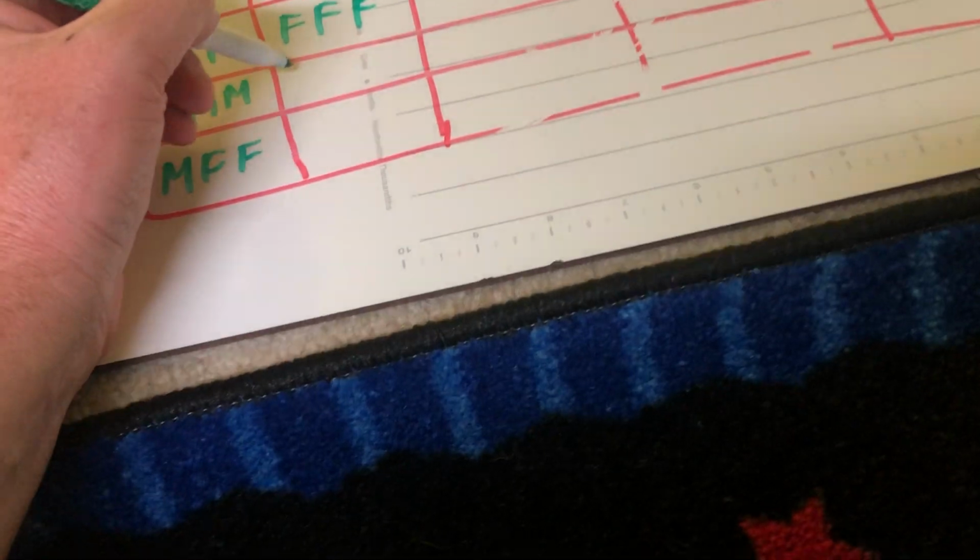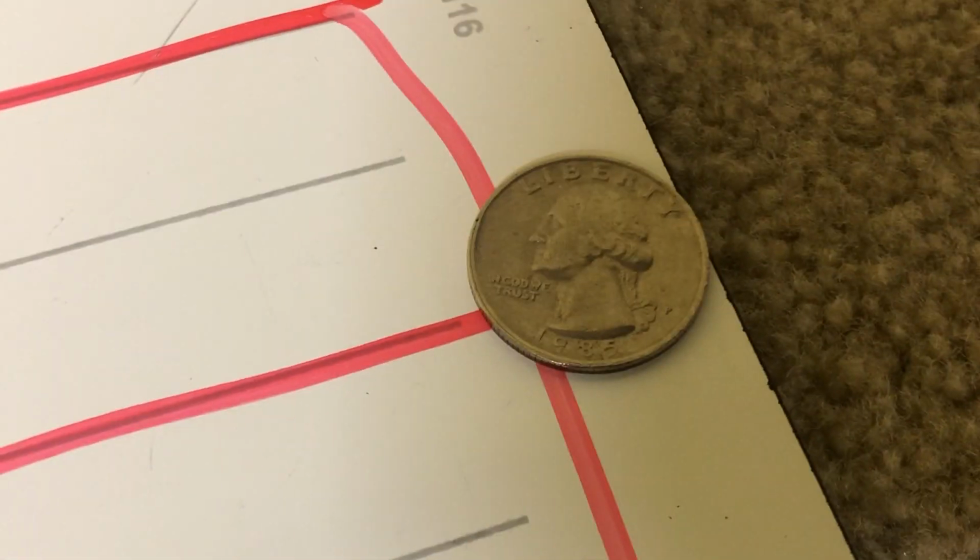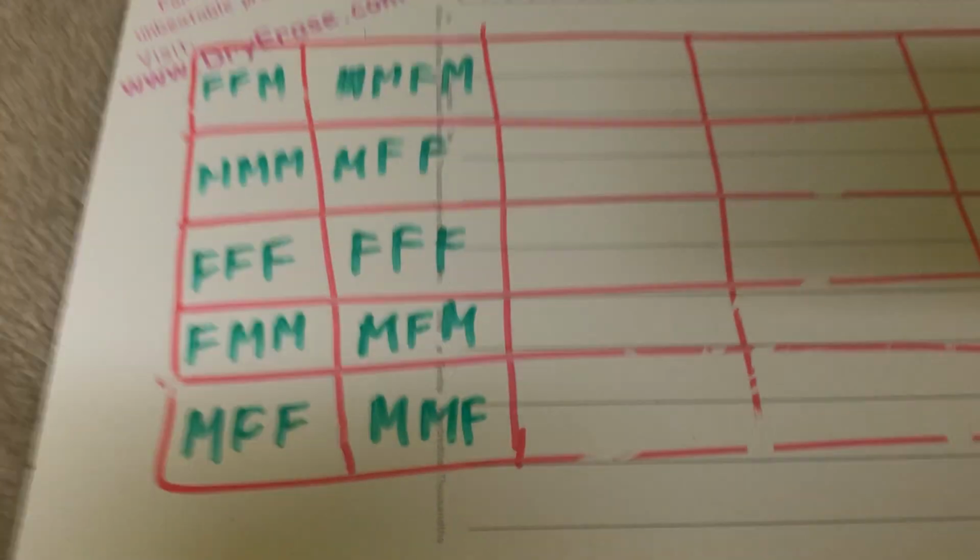Heads, that's a male. Tails, that's a female. Heads, that's a male. Heads, that's a male. Heads, that's another male. Tails, that's a female. And so you kind of realize how long this takes, but it's kind of what we got to do to actually get a good representation.